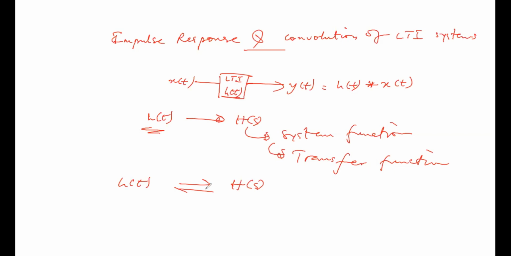So by definition, what is h(t)? Now we see that h(t) is the output of an LTI system when it is fed with a Dirac delta function, delta(t), for which the system itself is an LTI system.